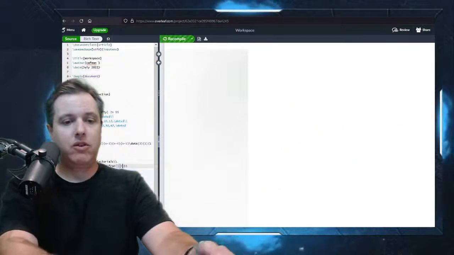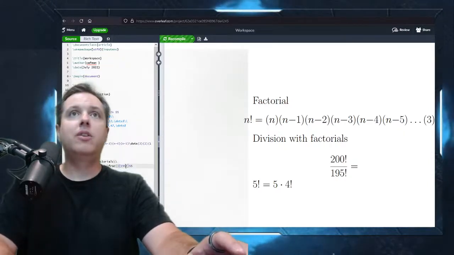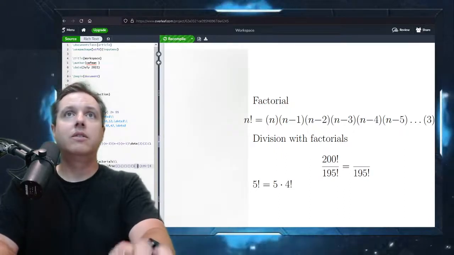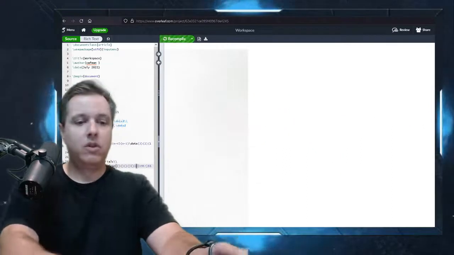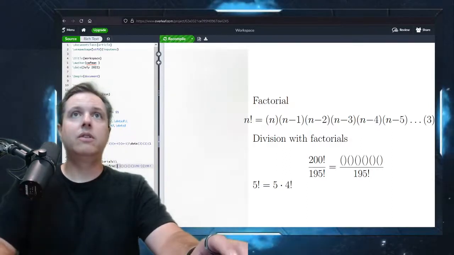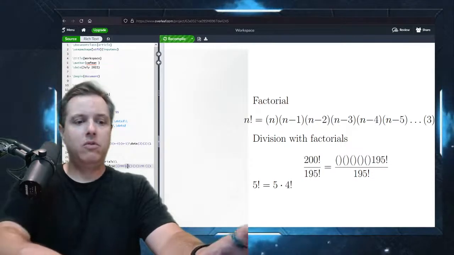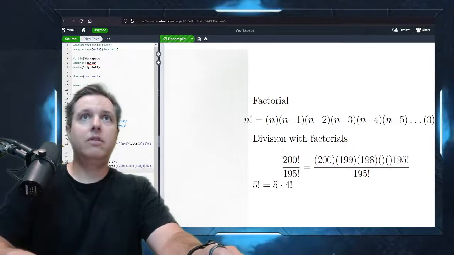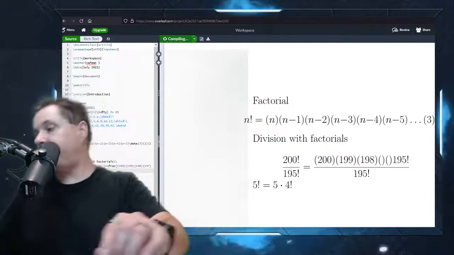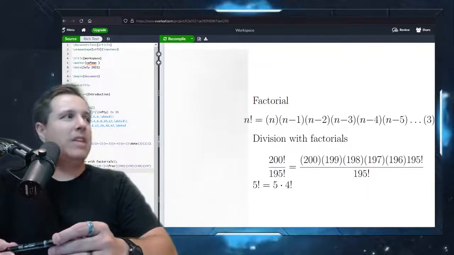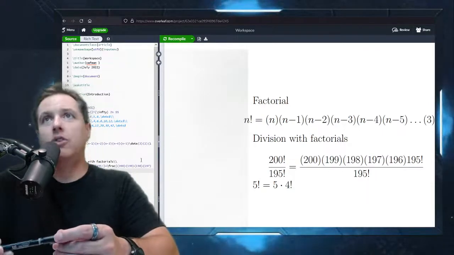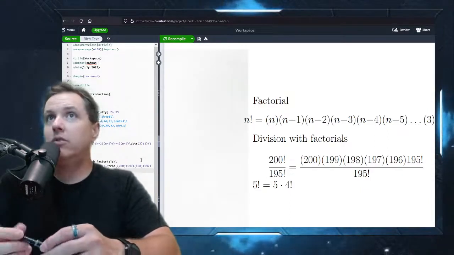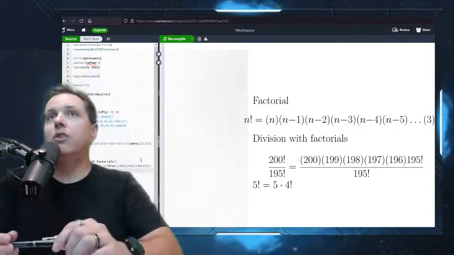So this is still 195 factorial on the bottom, but on the top, this is 200, 199, 198, 197, 196. So see if that makes sense to you, that 200 factorial is 200 times 199 times 198 times 197 times 196 times 195 factorial.